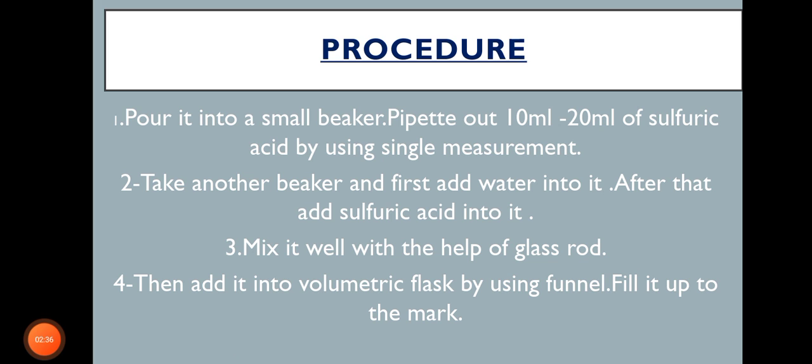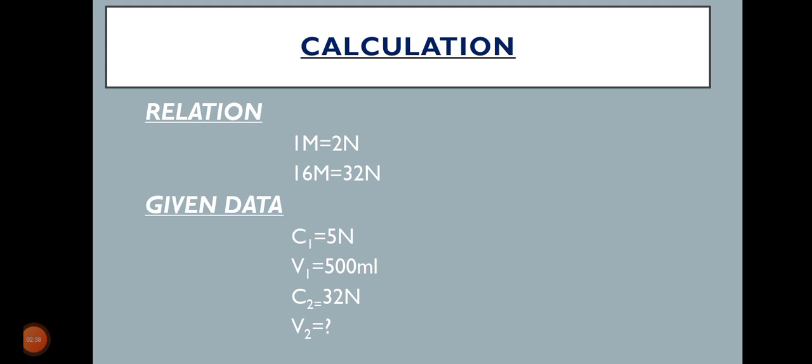So now let's move on to the next slide, which includes the calculation. As we are well aware of the relation between molarity and normality, one molar is equal to 2N, which means that if 16 molar is given, there are 32N.